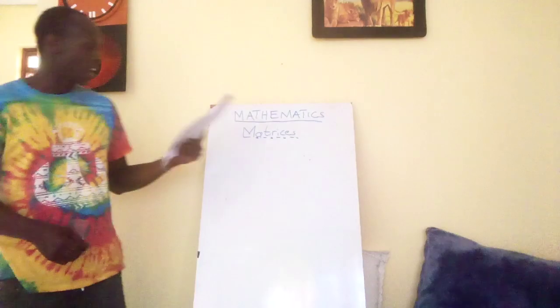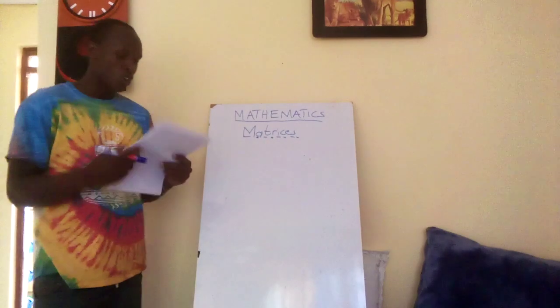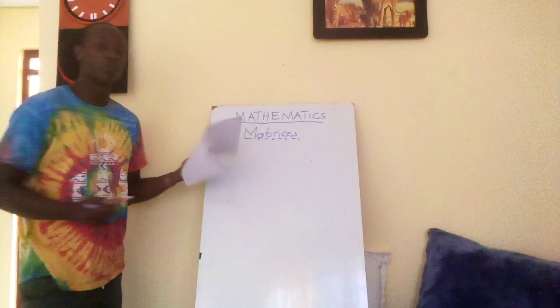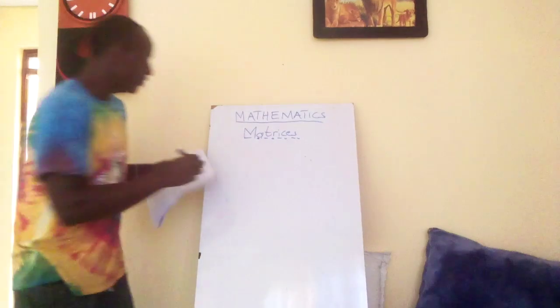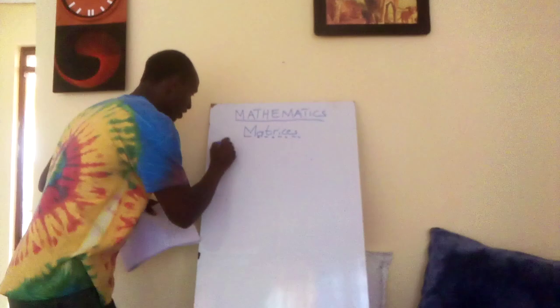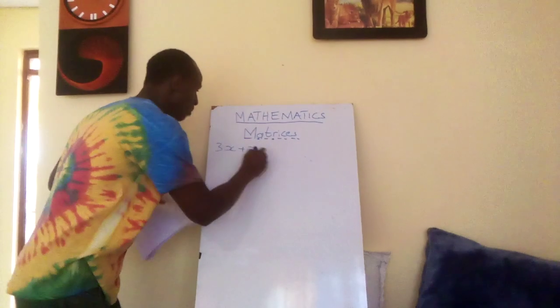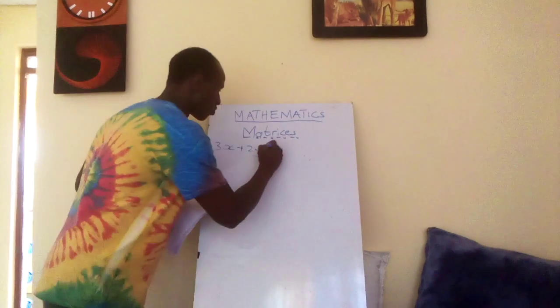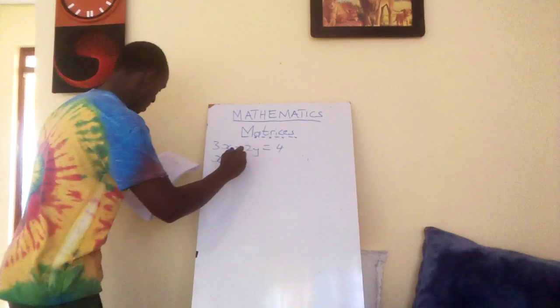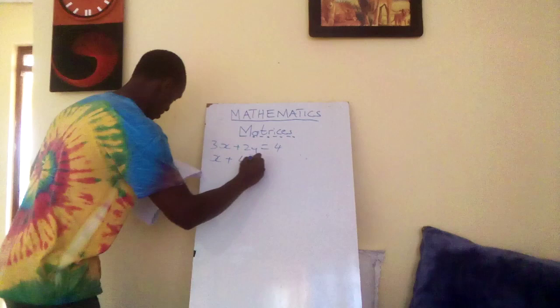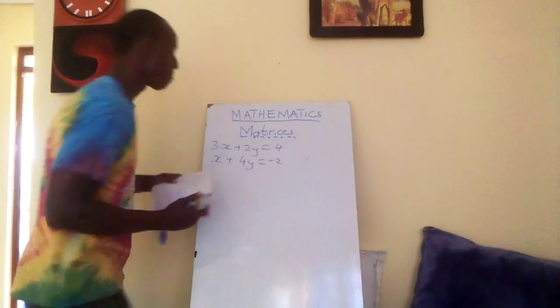So we are learning matrices, and we look at how to solve simultaneous equations using matrices. An example is 3x plus 2y equals 4, and another equation is x plus 4y equals negative 2.